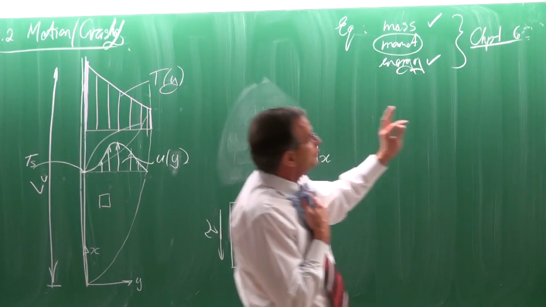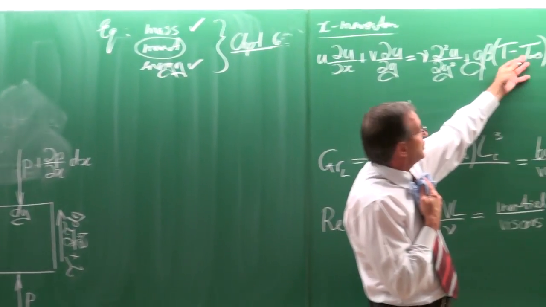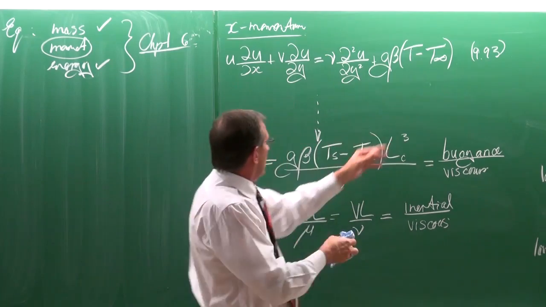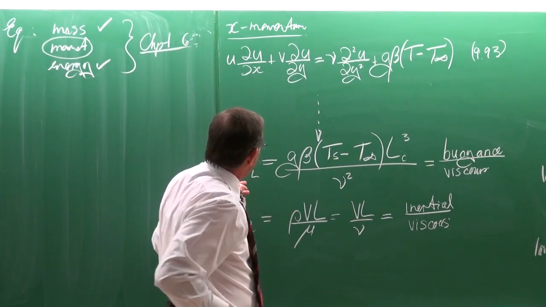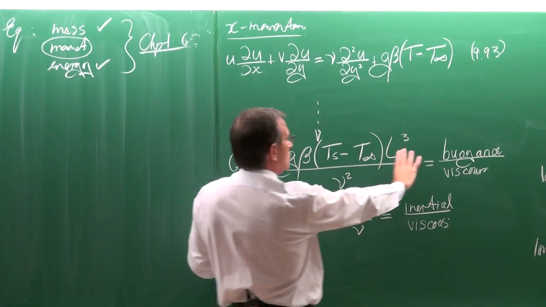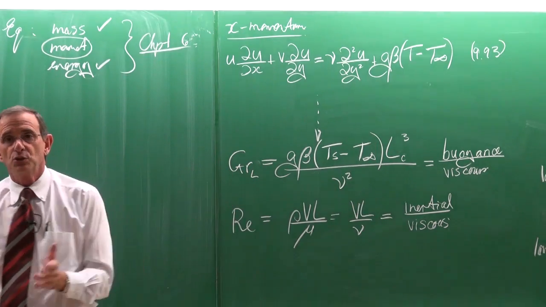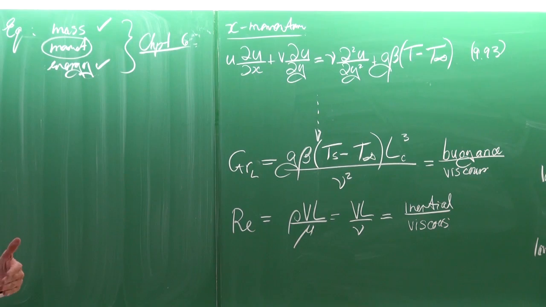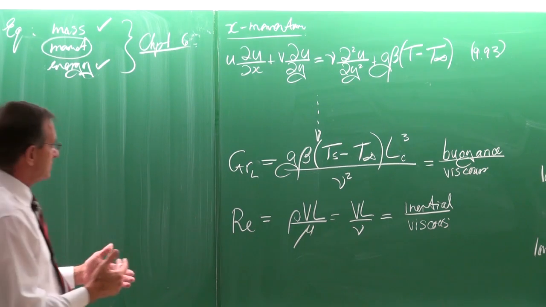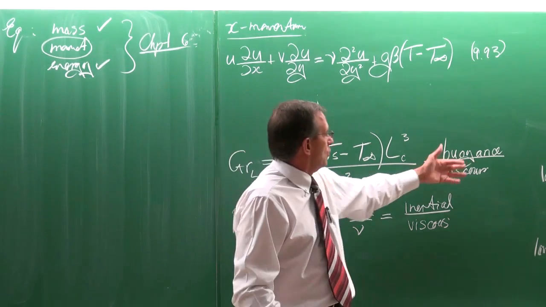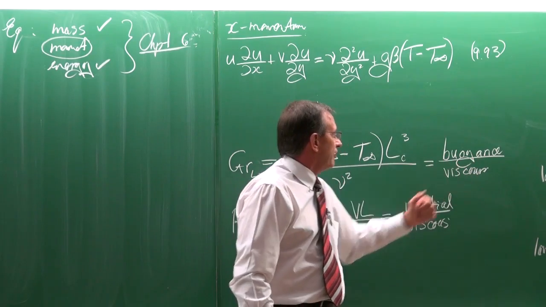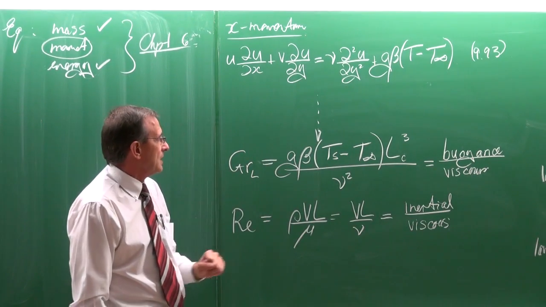So if we do it now, then that term starts appearing, and if we non-dimensionalize the equation, this term appears, and this is the term that drives natural convection problems, because it is the ratio of the buoyancy force divided by the viscous force.